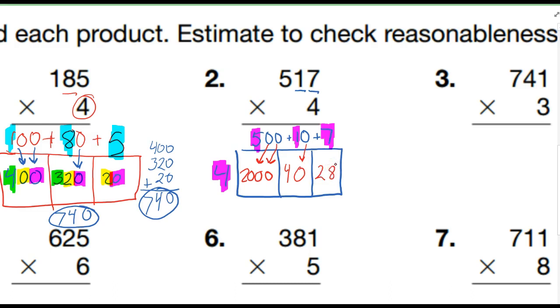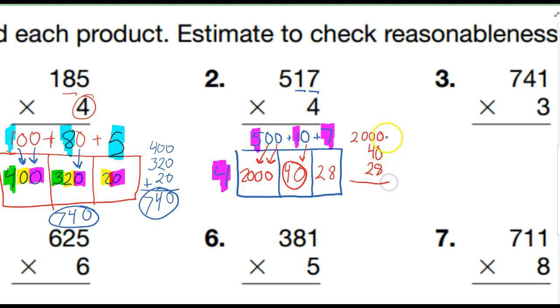You can add it up mentally, or you can write it out. So we've got 2,000 plus 40, and make sure if you're writing these out, you're doing them so the right digits are in the right column, plus 28.